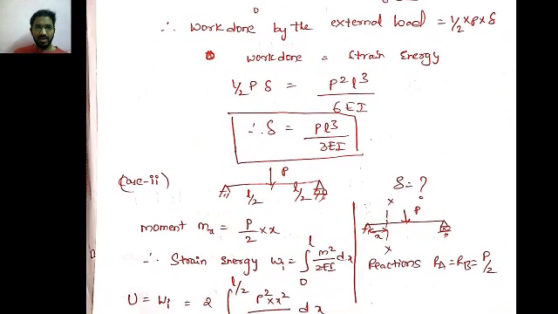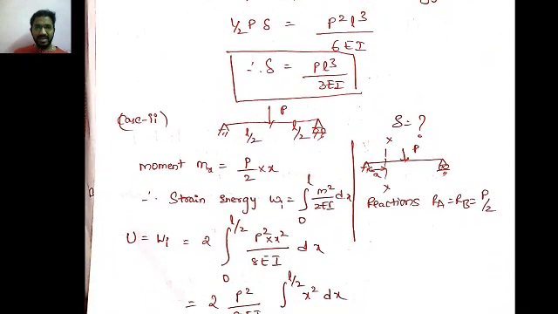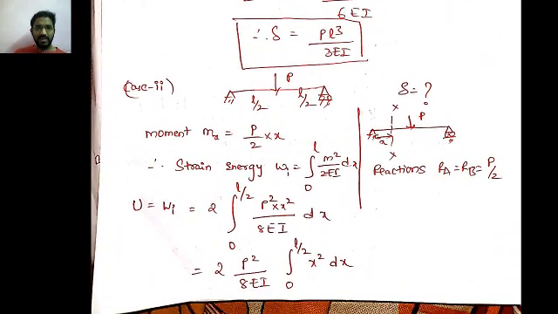Next, move to case 2. Here I am taking a simply supported beam carrying a point load at the center of the beam. Everybody knows the reactions, so I am not discussing them. This is a symmetrical section, so RA equals RB equals P by 2.